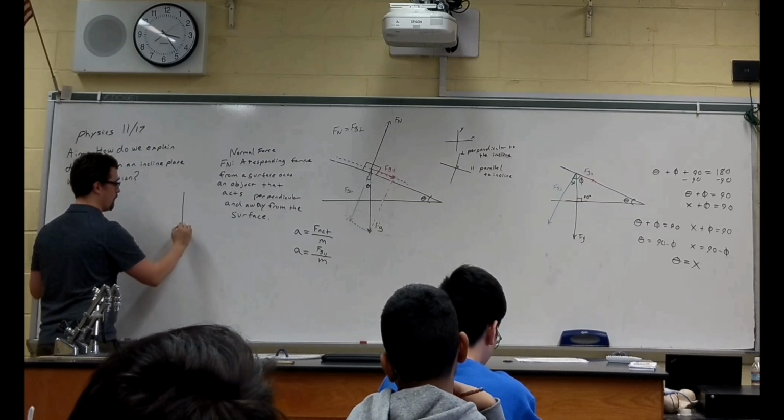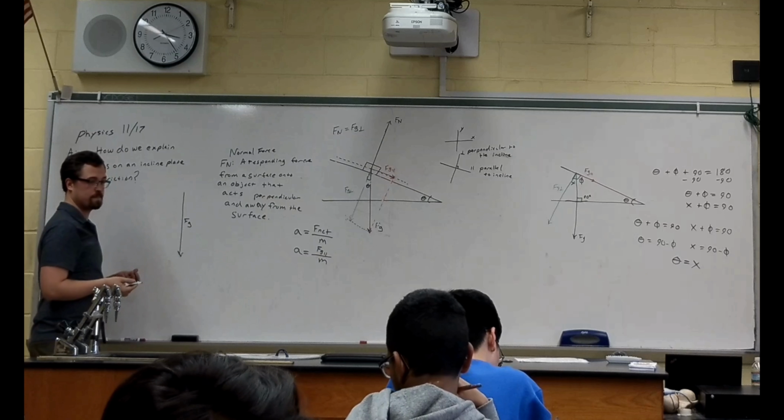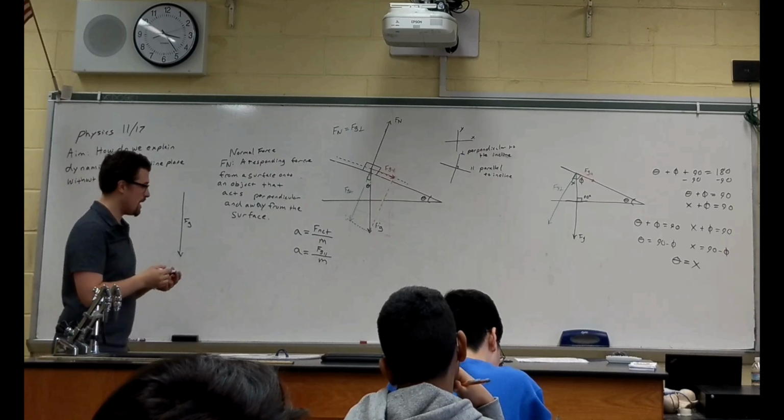We have a downward force Fg, and this green force is FG perpendicular. And instead of drawing the force up there, I'm going to bring it down to the bottom and connect this line down here, and make that FG parallel. Everybody okay with all that?